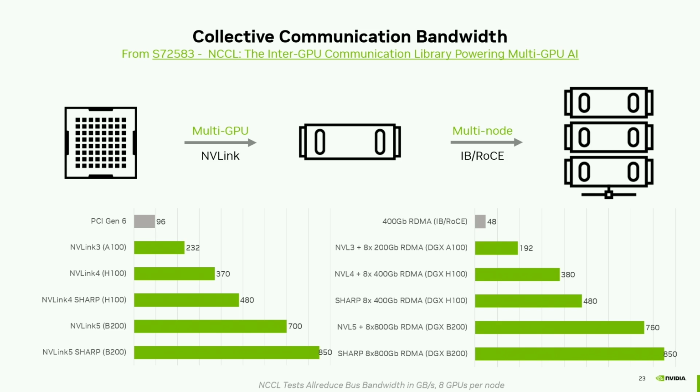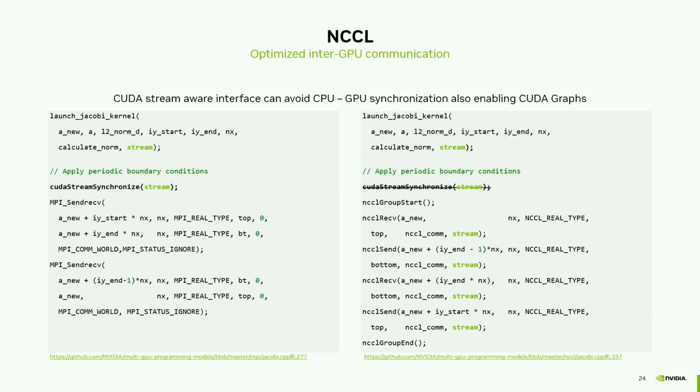And as you see, there are really high bandwidths achievable if especially NVLink and SHARP can be used, both intranode, multi-GPU, and multi-node. So there's the high collective performance and the benefit of avoiding synchronizations.